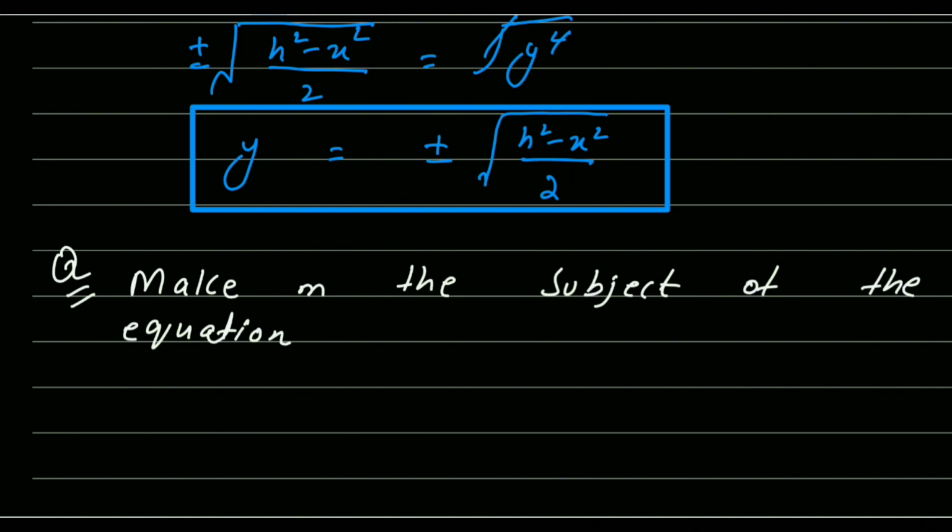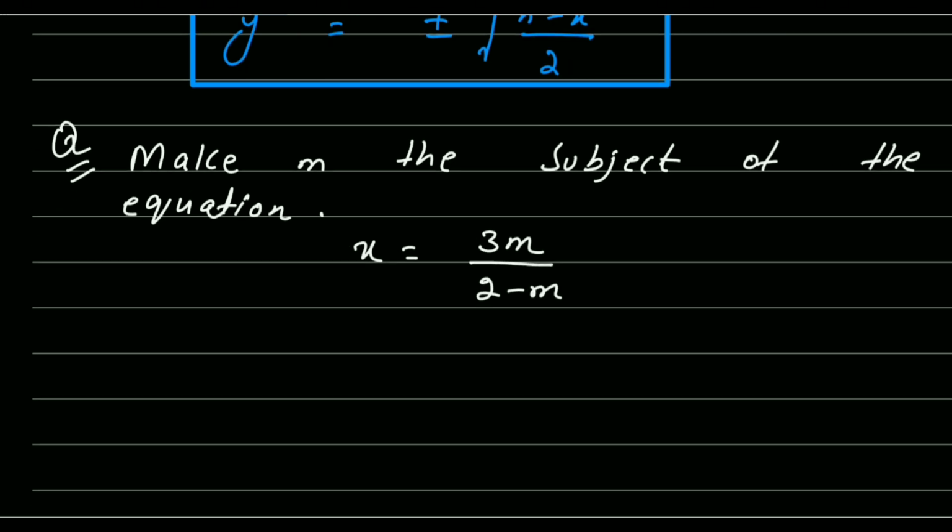These questions are very easy, you just have to know how to simplify the equations. So make m the subject of the equation. The question is x is equal to 3m over 2 minus m.